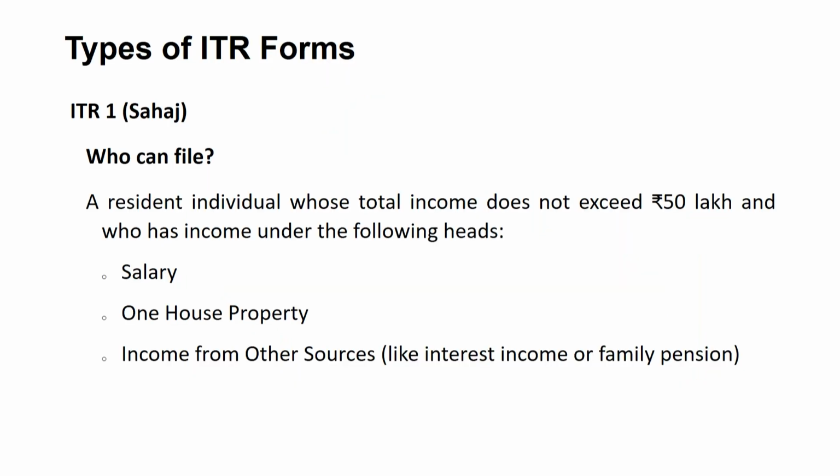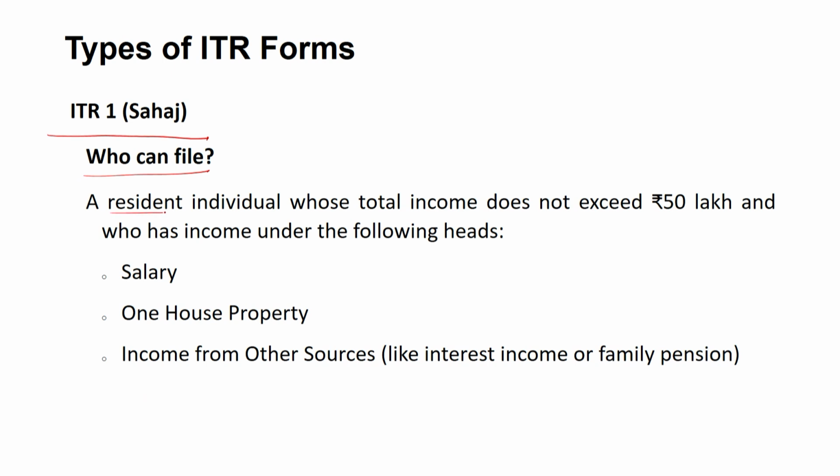Now let us understand the different types of forms that are available for filing the returns. The first form is known as ITR1, that is also known as the Sahaj form. These forms are available on the website of the income tax authorities. So who can file their return with the help of ITR1?